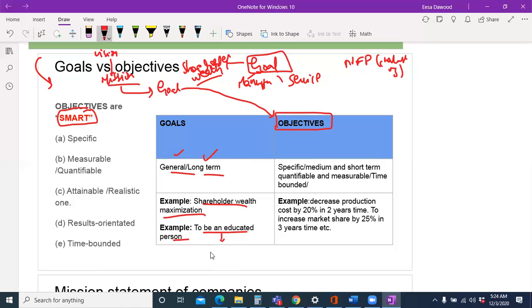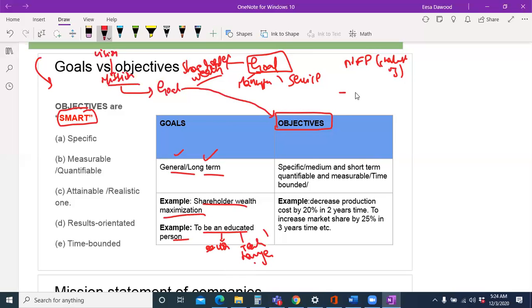Either by being a doctor, by being a teacher, by being a lawyer. There are several options. So how are you going to achieve that goal? It's generic; it's not very specific about how you want to be an educated person. In the same way, shareholder wealth maximization is a goal. It's very generic. How would you achieve that goal?